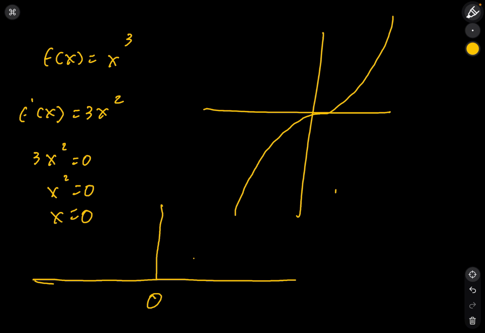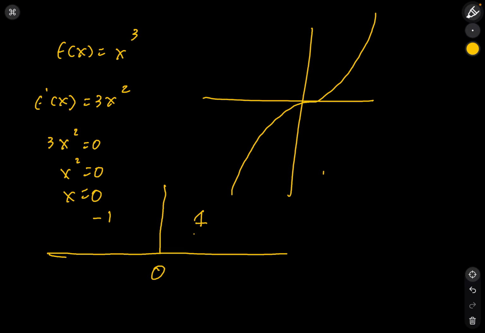And then from here, we plug in numbers before 0. So let's say -1. And then after 0, 1. So essentially, we're checking whether it's increasing or decreasing on -1 and 1. How we do this is we just plug both of these numbers back into f prime.